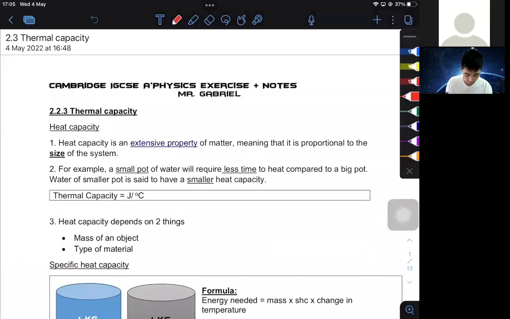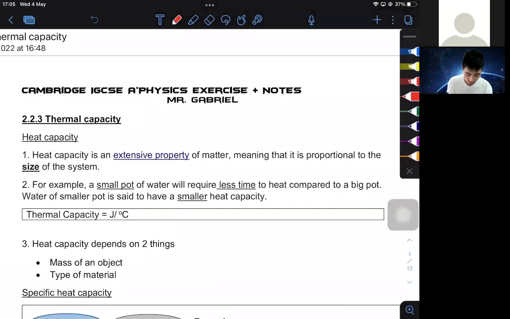So if you look at the first part of my statement here, you see that heat capacity is an extensive property of matter, meaning that it is directly proportional to the size of the system. For example, a small pot of water will require less time to heat compared to a big pot.